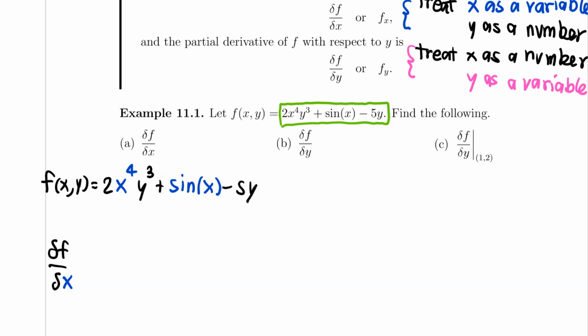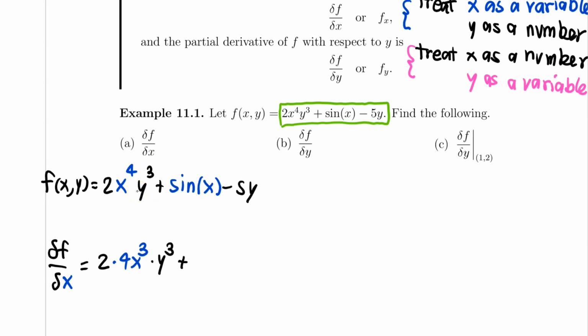So what that means is, if I want to take the derivative of the first term, 2x to the 4th times y cubed, 2 is a number, so it stays there. The derivative of x to the 4th is going to become 4x cubed. And then for y cubed, because I think of y as a number, it got multiplied to something, so y cubed just stays that way.